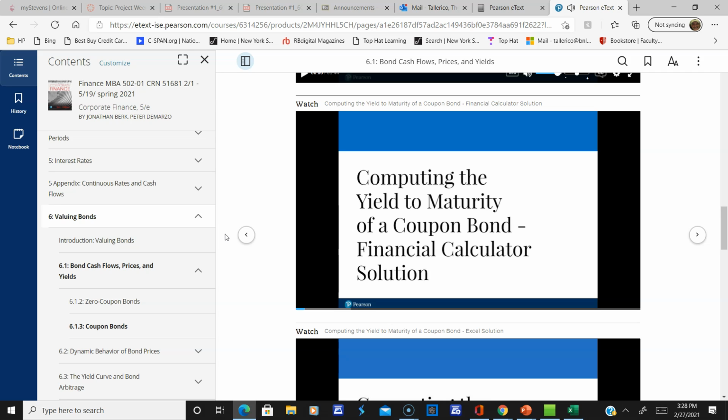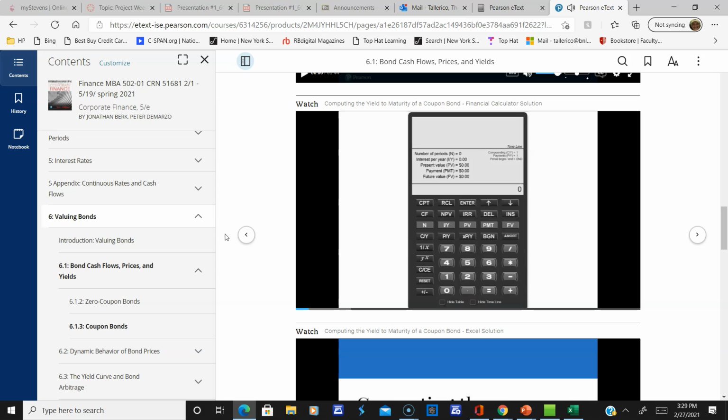Computing the yield to maturity of a coupon bond. In this example, we return to the bond we considered in example 6.3, which was technically a treasury note because its original maturity is only 5 years. It's a 5-year, $1,000 bond with a 2.2% coupon rate and semi-annual coupons. As we worked out in example 6.3, the cash flows to this bond are $11 every 6 months.